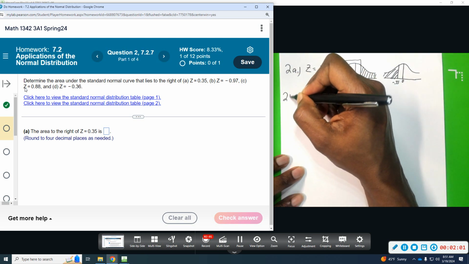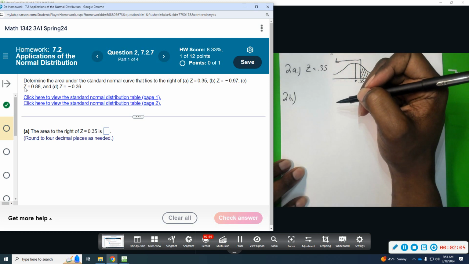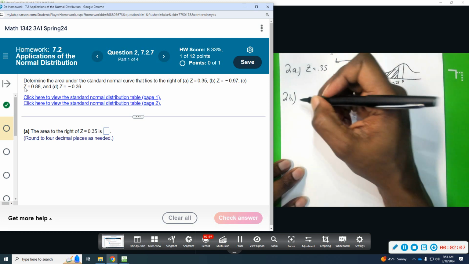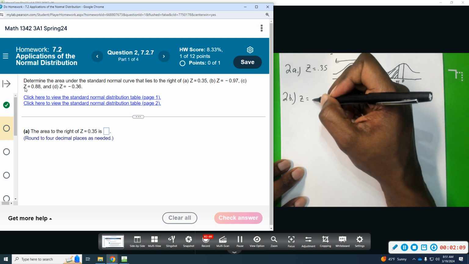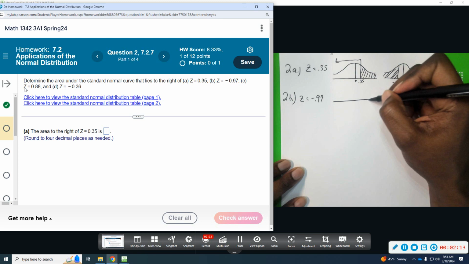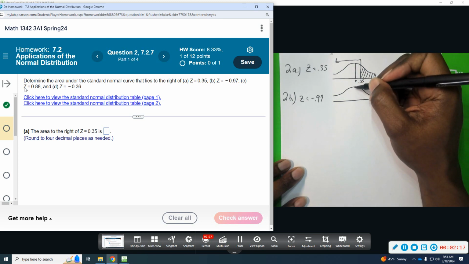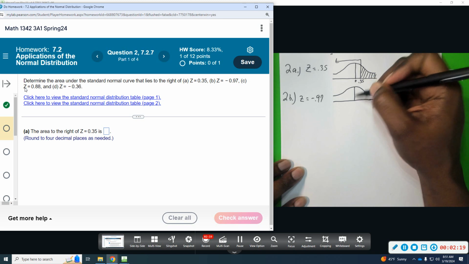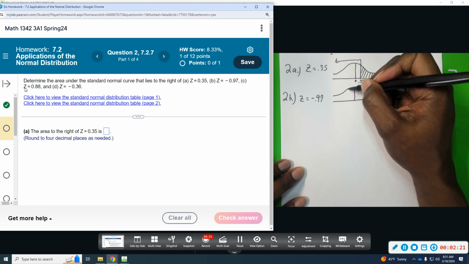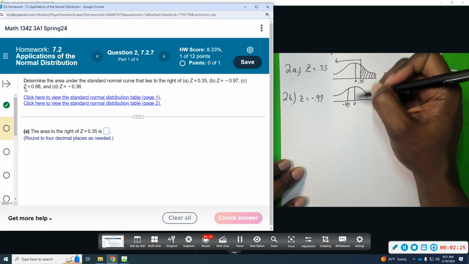2b gives me a z-score of negative 0.97. Again, I want to find the area to the right. Negative 0.97 is going to be on the left side. I'm always putting 0 in the middle.